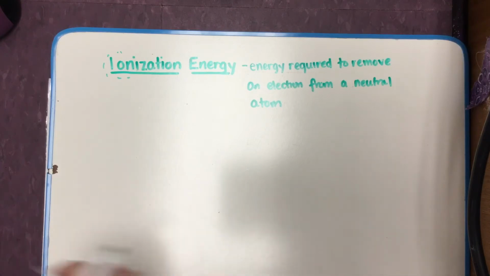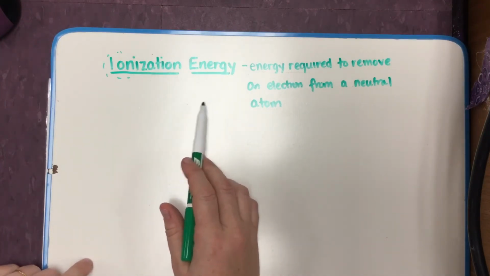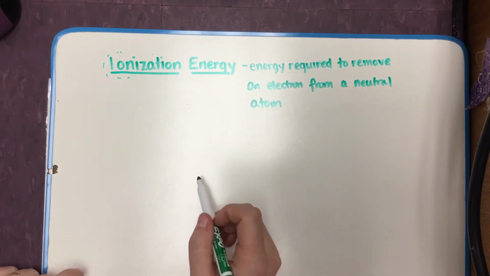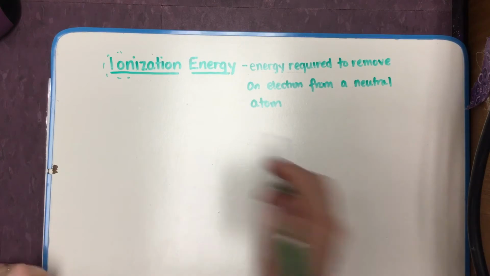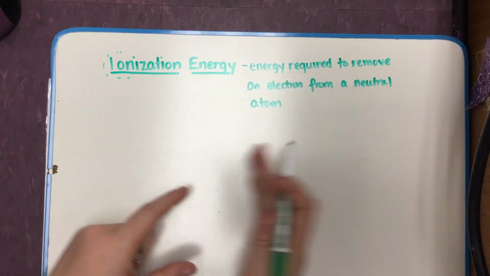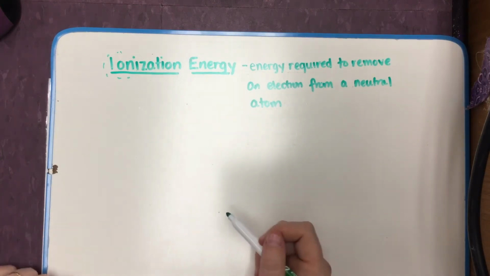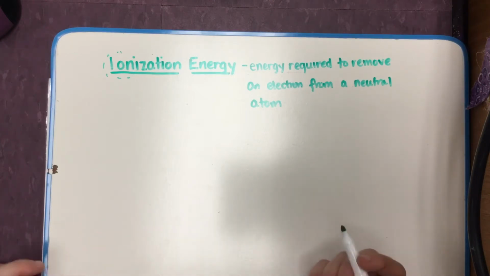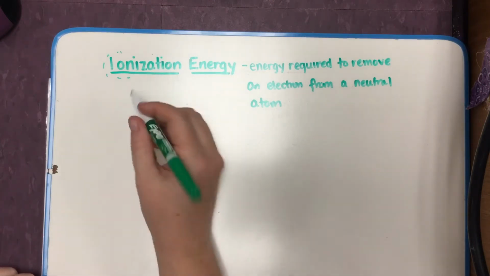So if we think about ionization energy in terms of its relationship to atomic radius, we would say that there's an inverse relationship. If the atomic radius is big, the ionization energy is small. If the atomic radius is small, then the ionization energy is greater. And that's just because the force of attraction really does change based on the size.